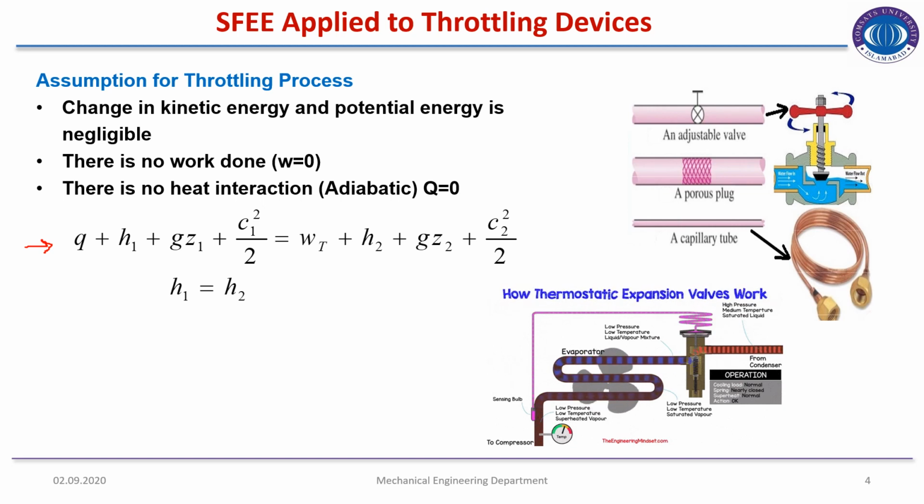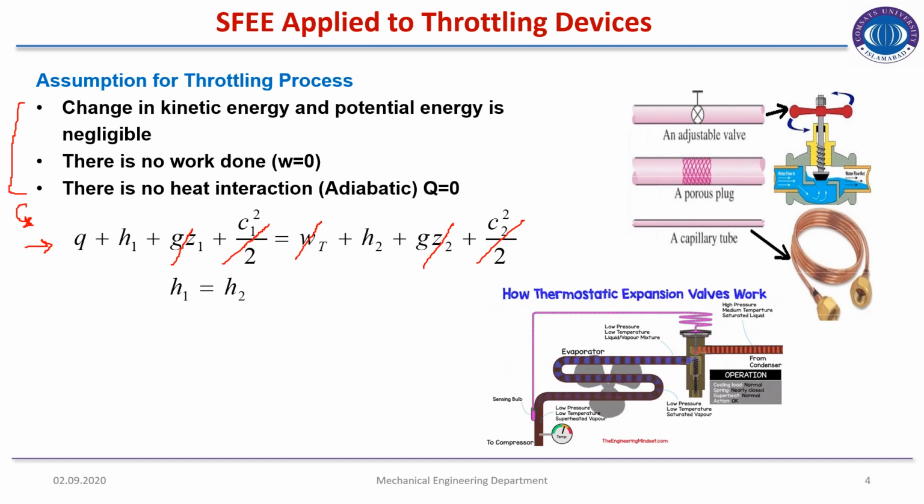Now we will apply all these assumptions on the steady flow energy equation. For no change in kinetic energy, C1 square by 2 and C2 square by 2 will cancel. For no change in potential energy, the gz1 and gz2 components will cancel out. For no work done, the Wt component will cancel out.